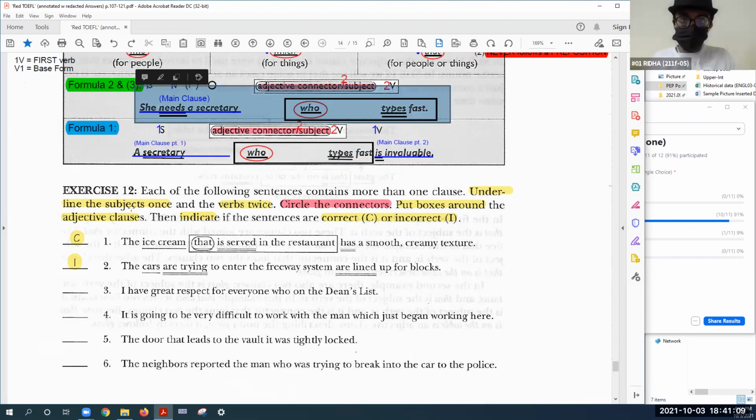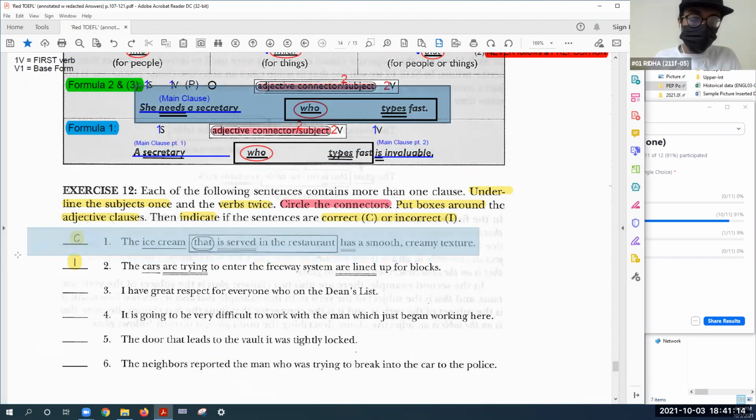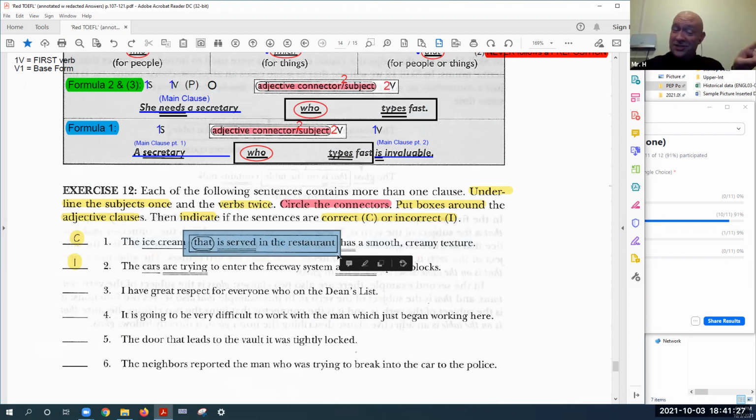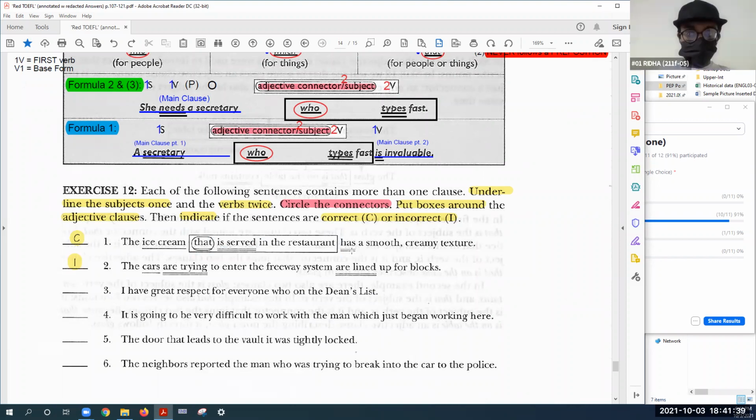Okay. So what do you see here now? The ice cream. Which formula is it again? It's Formula 1, because the adjective clause describes the subject. Good. Let's find the verbs and then the subjects. The first verb is has. The first subject is the ice cream.